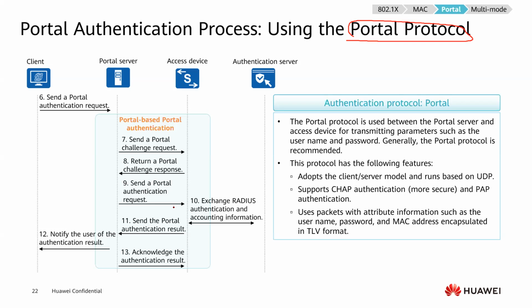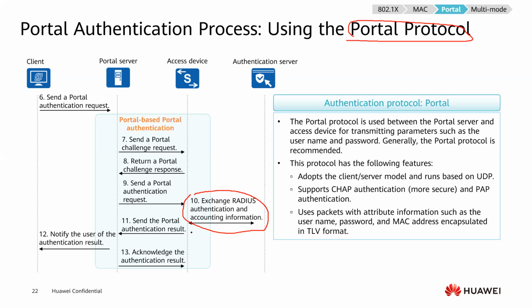When the access devices receive this password, they will exchange the identification information with the authentication server. This process is just like the 802.1x authentication process. When the authentication server verifies the identity of the user, it will return success or failure of the authentication.